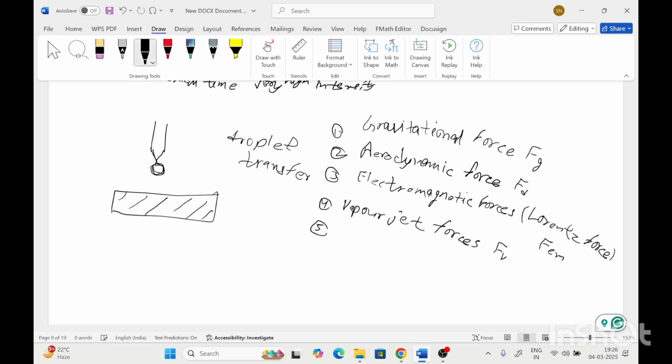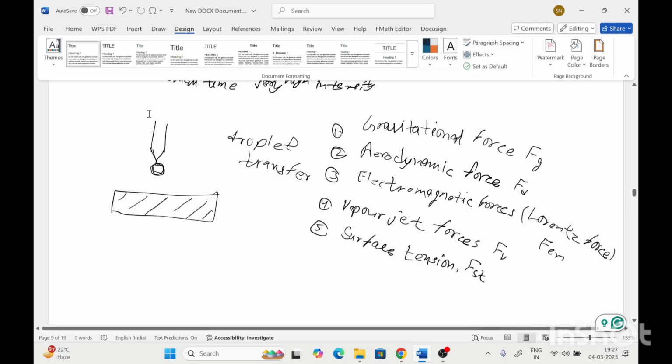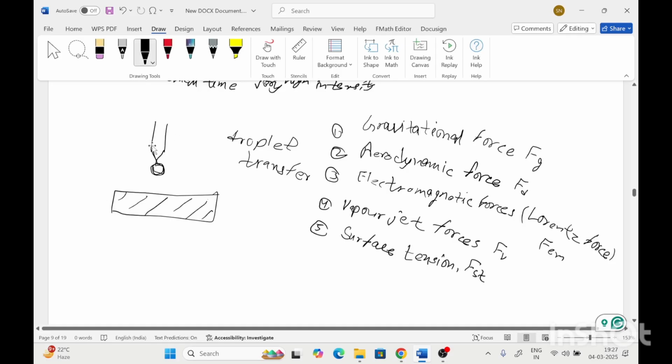The fifth force is the surface tension of the droplet, FST. Now we will discuss the contribution of these five forces one by one.